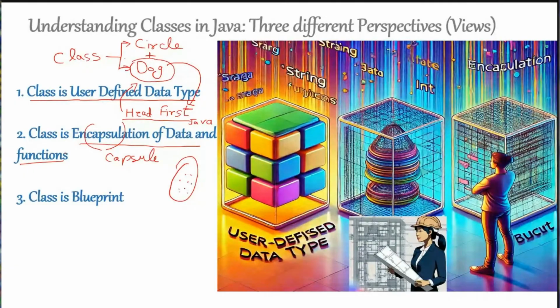Most of the time you put medicines in capsules, but a capsule can be anything which contains something. So here the something is what? One thing is data and another thing is function. So if you are putting related data and functions in one unit, this process becomes encapsulation. And the unit is called a capsule, and in Java this unit we call a class.